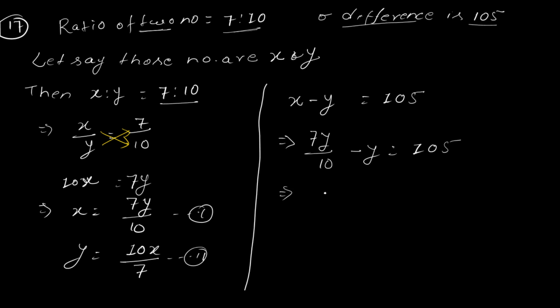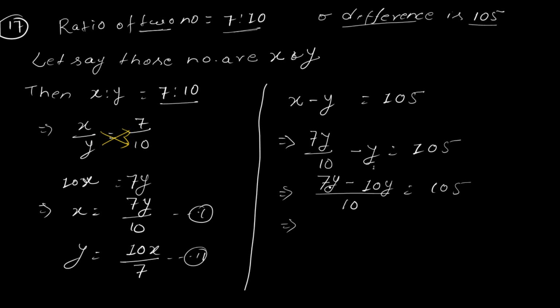And I have told you how to simplify this kind of question further. Down it will be 10, and then 7y minus y. If nothing is there in the denominator for y, we have to pretend it is 1, so dividing 10 by 1 it is 10, and multiplying 10 with y gives 10y, equal to 105. Am I right?